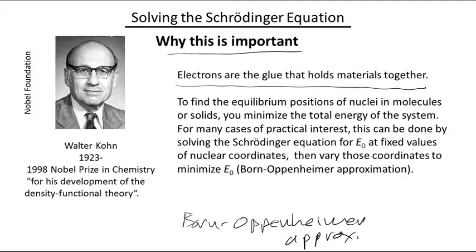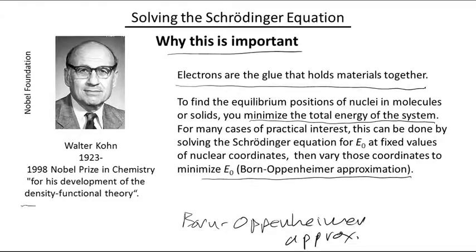So the electrons are sort of the glue that holds materials together. So if you can minimize the total energy of the system for fixed internuclear coordinates as a function of the electron wave functions, then you typically get a very good representation of the material structure.